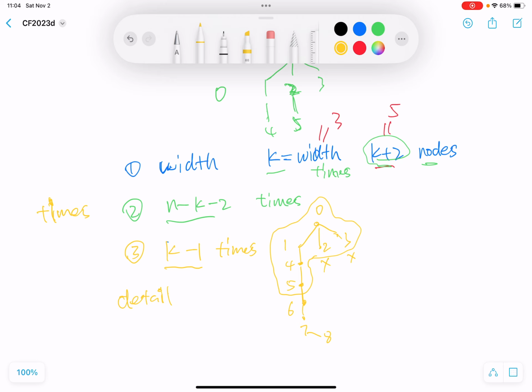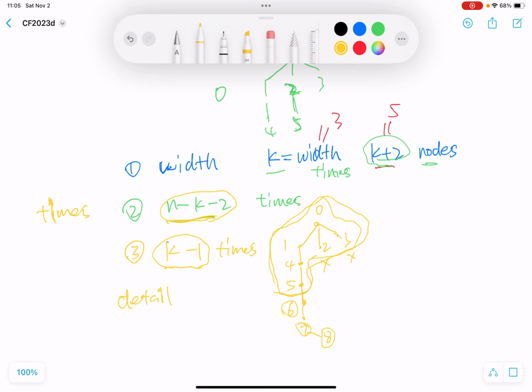If we really query k minus 1 times, we don't need to query the last nodes for the second step. That means if it is this situation, we don't need to query for 6, 7, or 8, because there is only one possible node which has child nodes.